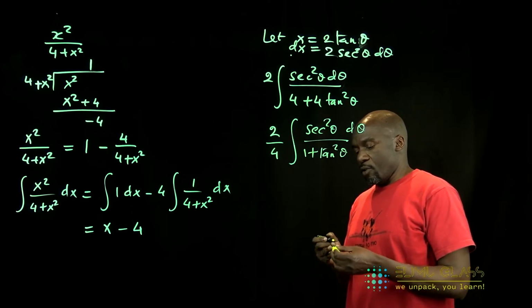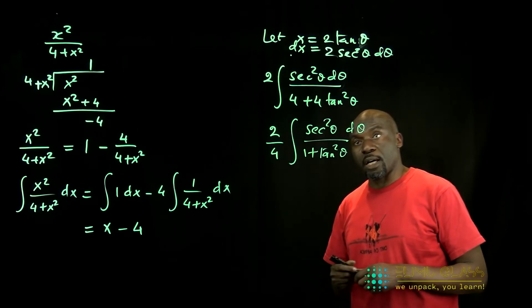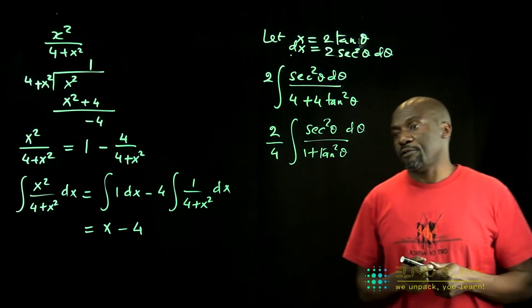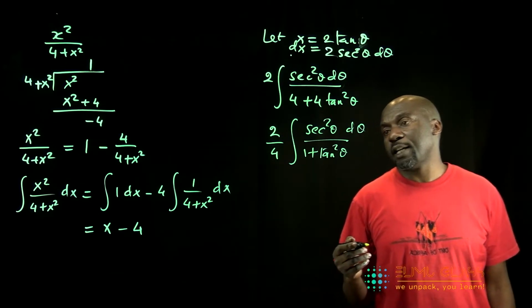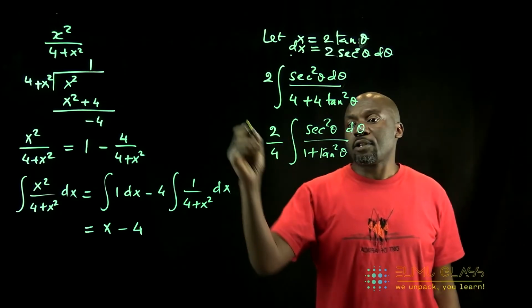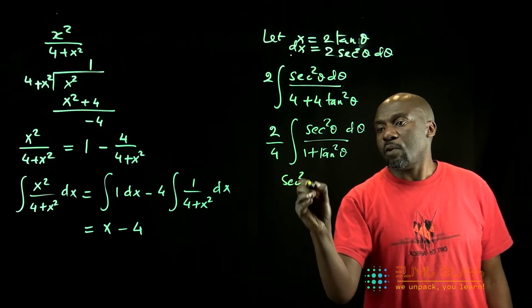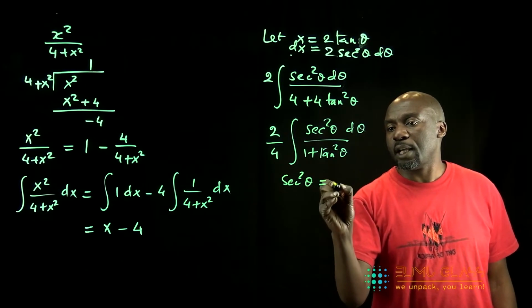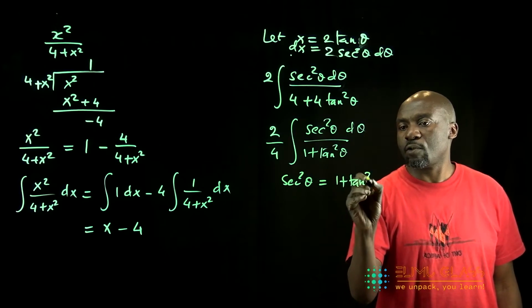Now, you would probably already know from the Pythagorean identities of trigonometry that sec squared theta is the same thing as 1 plus tan squared of theta.